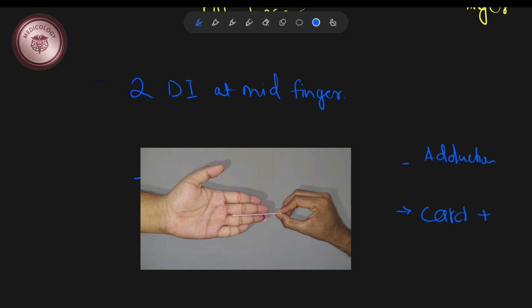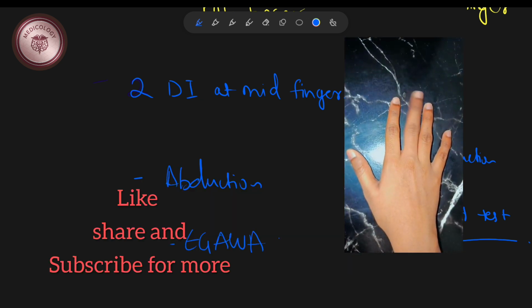If he is unable to hold the card between the fingers, it means there is ulnar nerve damage. And for abduction, we ask the patient to put their hand on a flat surface and move the middle finger. That is the Gava test.